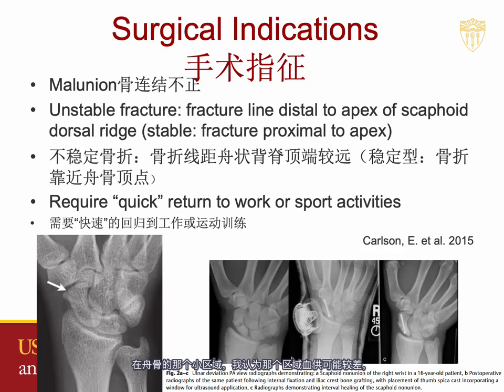So in that little area of the scaphoid, I guess that area, again, may have bad blood flow, so they need to do surgery. And then the other reason they may do surgery is if they need to get back to work quickly. So they want to get it stabilized more quickly so they're not stuck in a cast for 10 weeks, like we said, which is the non-operative option.